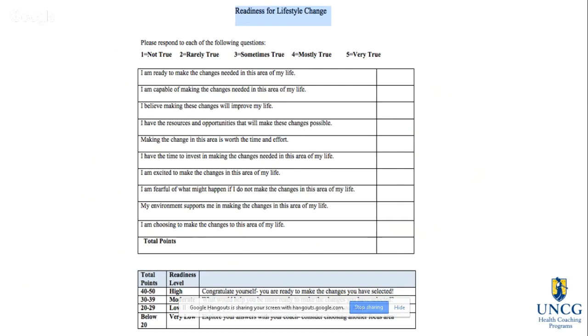So with this tool, it would help the client assess for themselves, what is my level of readiness to make a change? And this can also help us figure out if there might need to be more discussion and exploration before getting to a really narrowed, focused goal.